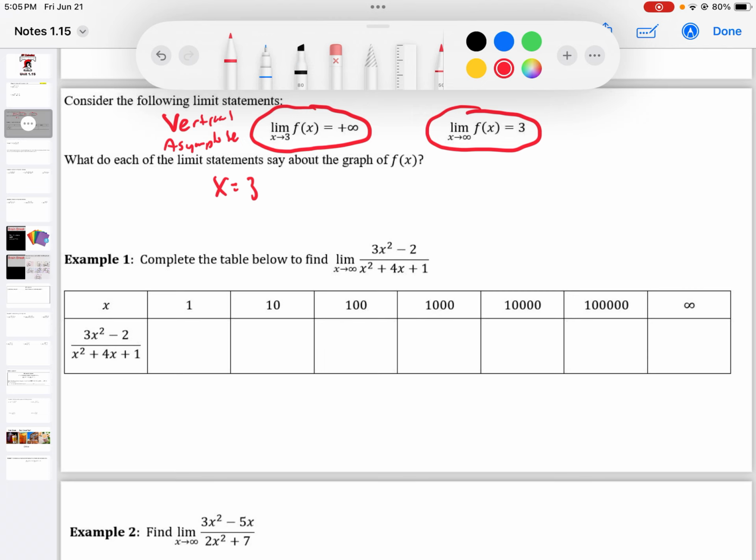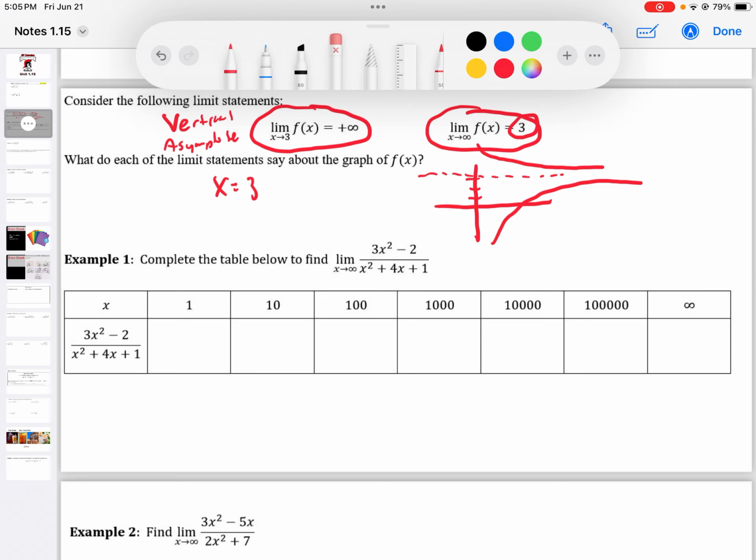All right, the next one, it says the limit as x approaches infinity is 3. So this means there's a horizontal asymptote at 3. It could be something that looks like this. So the limit as x approaches infinity is 3, or it could come up from below and gets really, really close to 3.